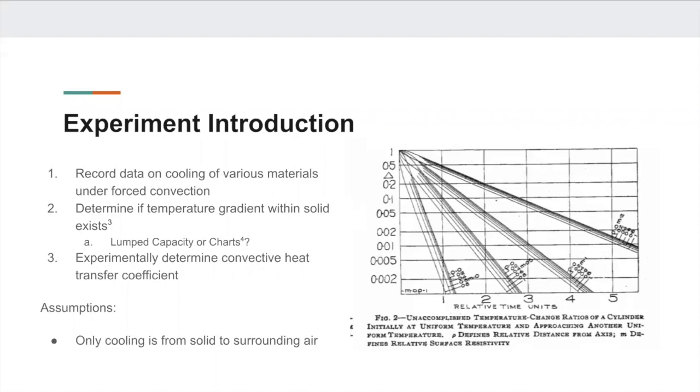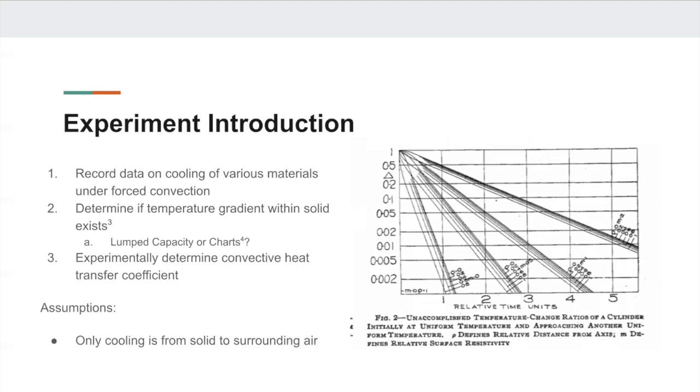In the event that there is very little temperature gradient within the solid, a lumped capacity method can be applied. The lumped capacity method depends on the Biot number, which is a dimensionless number that describes the relationship between the geometry of an object and the relationship between the convective coefficient and the conductive coefficient. In the event that the lumped capacity method cannot be used, there are reference charts that exist.